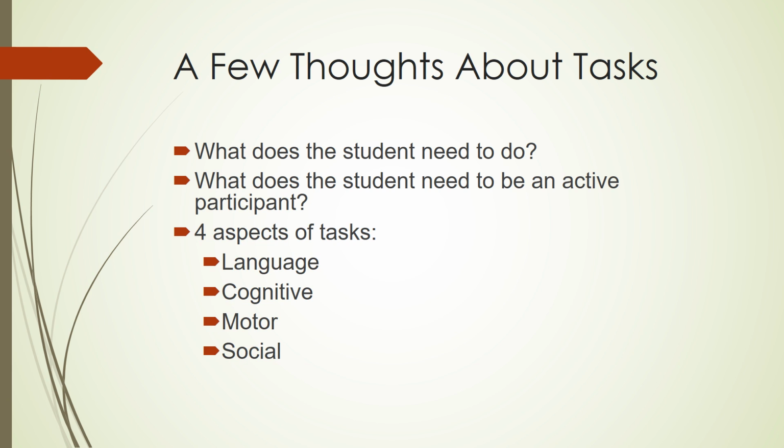The student needs to be able to go around the circle listening to music and stop when the music stops. So what do we need to give that student who's deaf to be able to be an active participant? We could provide a lighting mechanism so that every time the music is on, a light is on, and that student would be able to take part because now the student sees when the music is on.